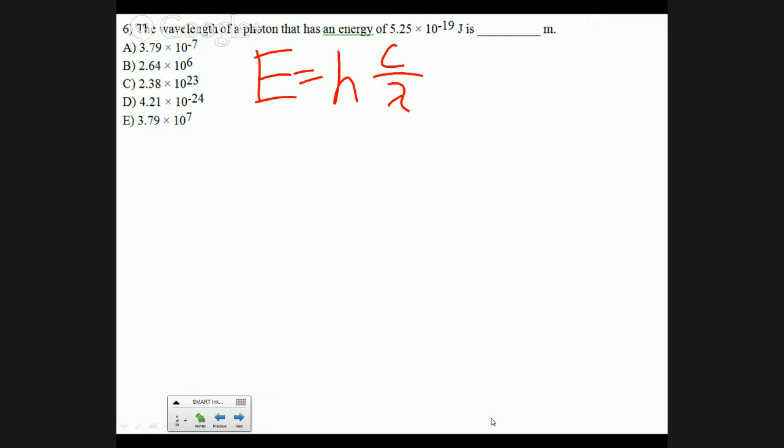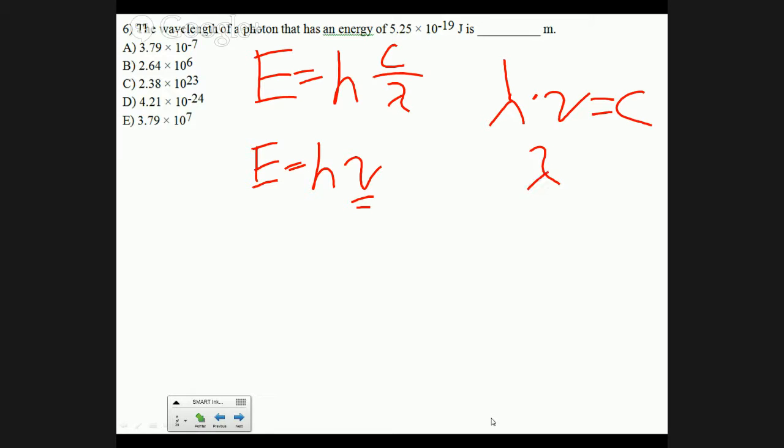Well, I know that E equals h times the frequency. So what's the frequency? Well, I know that lambda times the frequency equals the speed of light. So let me rearrange to solve for frequency. I get wavelength equals c over v, because I had to divide both sides by frequency. So now I can plug this in.